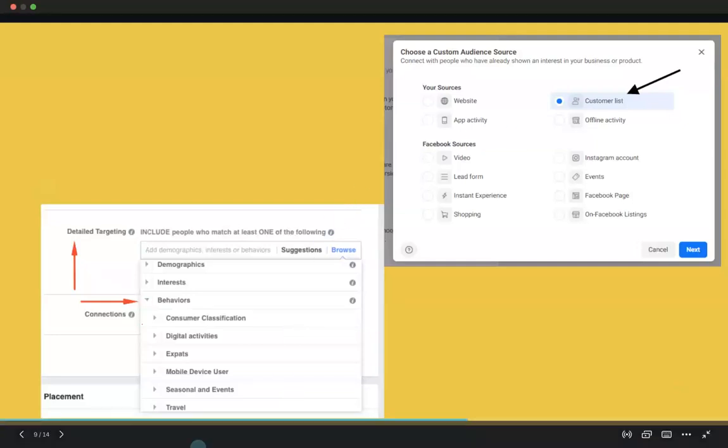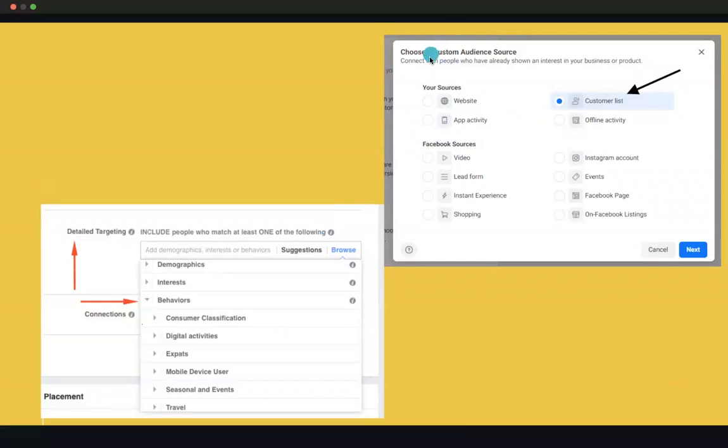And then on this side, for custom audiencing, all of these are your sources. You see website. If you select website, you're telling Facebook, I want you to target people who have interacted on my website. Customer list, you can upload. Remember I said you can upload people that bought from you, their phone numbers, and Facebook will search for these phone numbers, how many of them are on Facebook or Instagram? Then target them, right?